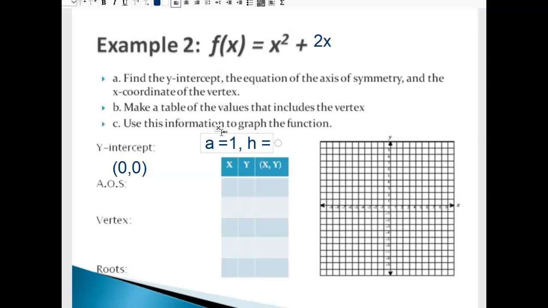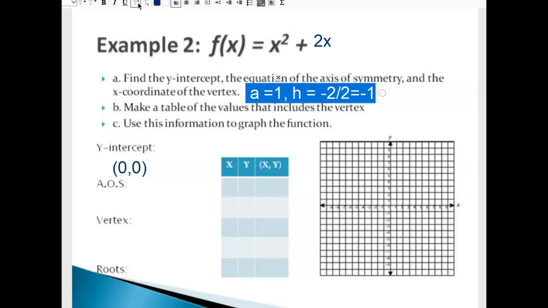My h value comes from negative b, so negative 2, divided by 2a. So that would be negative 2 divided by 2, which is negative 1. And then to find k, we're going to take that negative 1 and plug it back in.